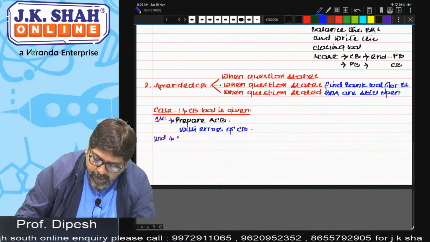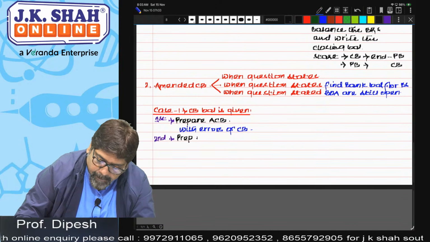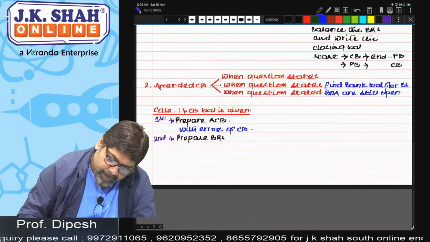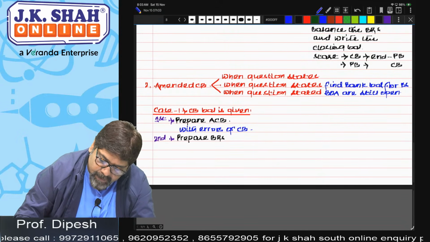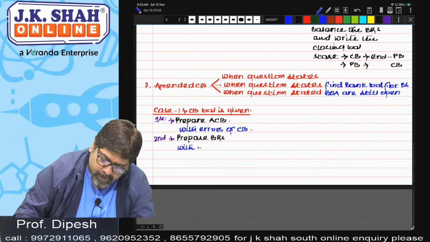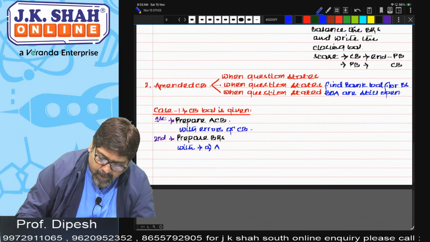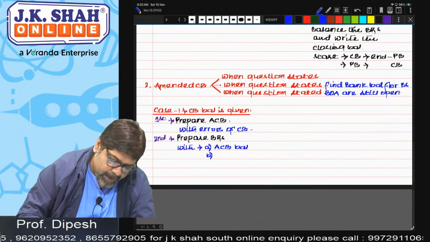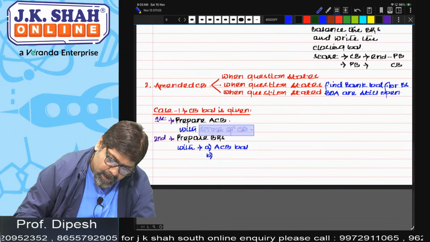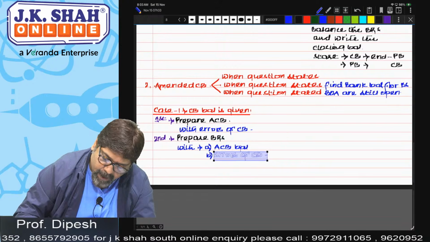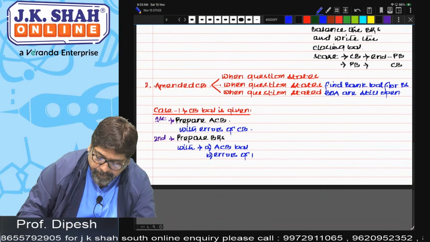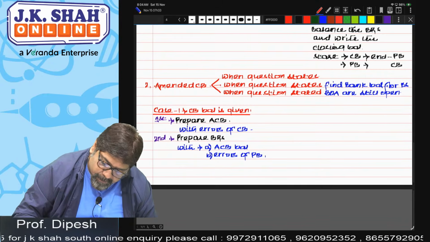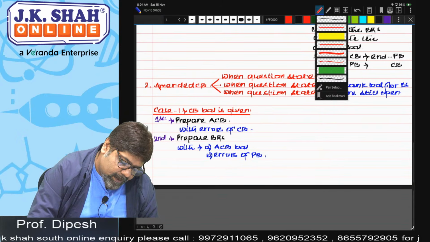Then prepare BRS with A, the amended cash book balance, and B, errors of passbook. In BRS, only errors of passbook will come in this case.